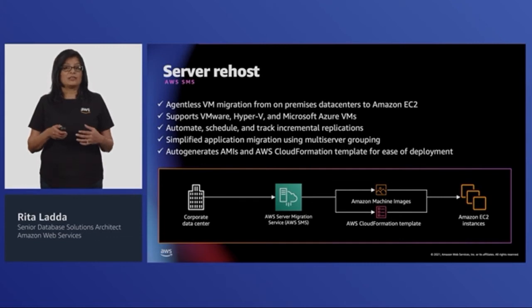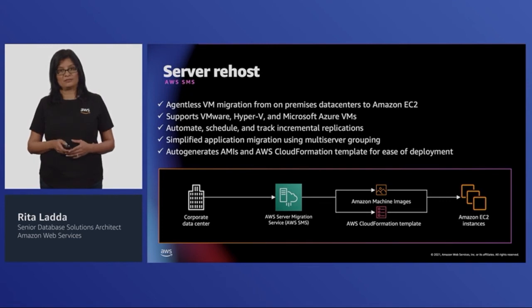AWS SMS is an agentless service, which allows you to replicate live server volumes to AWS and create Amazon Machine Images or AMI. SMS migrates the infrastructure as is, so you carry the same operating system, database versions, and configurations to cloud. This option applies to SQL Server on EC2.